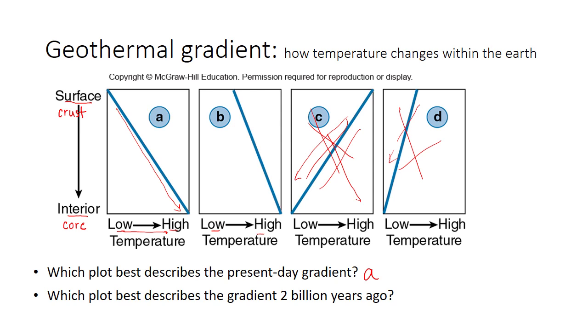So that means for this one, we can rule out C. We can also rule out D, right? Because this line is sloping the wrong direction. So the question is the best answer for 2 billion years ago, is that going to be A or B? Is the Earth's temperature the same now as it was 2 billion years ago?